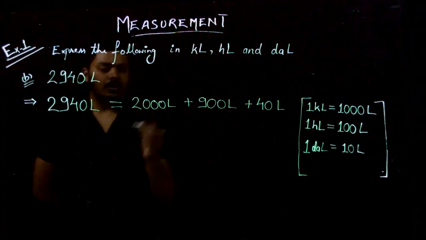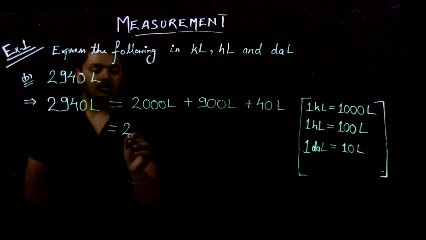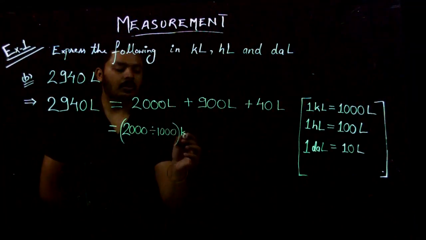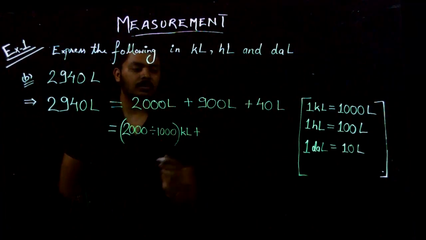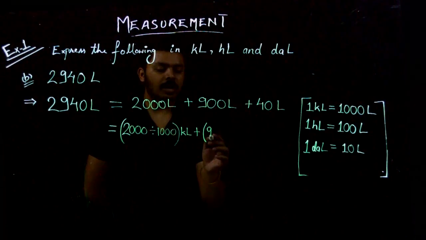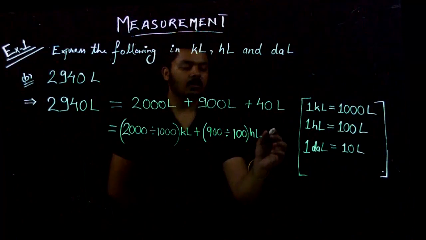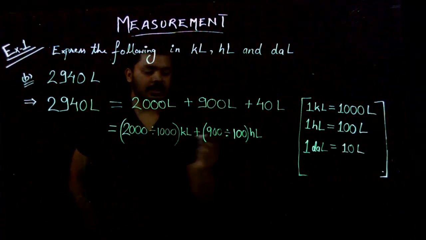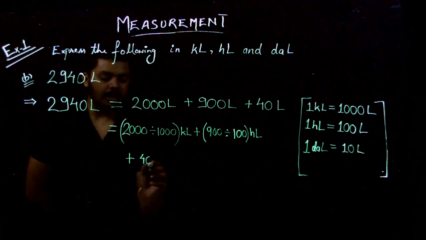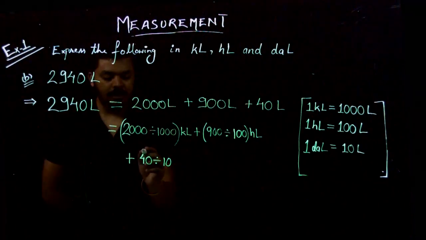So to convert liters into kiloliters, we need to divide by 1000. So 2000 divided by 1000 kiloliters plus, now 900 liters can be converted to hectoliters by dividing by 100, and 40 liters can be converted into decaliters by dividing it by 10, as 10 liters equals 1 decaliter.